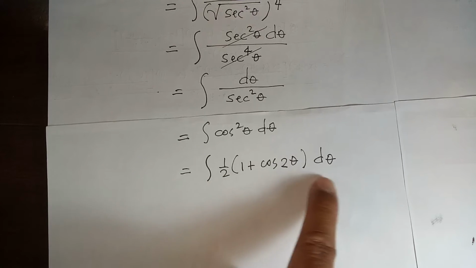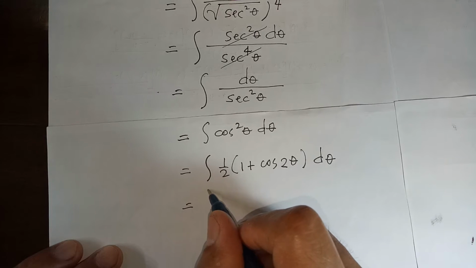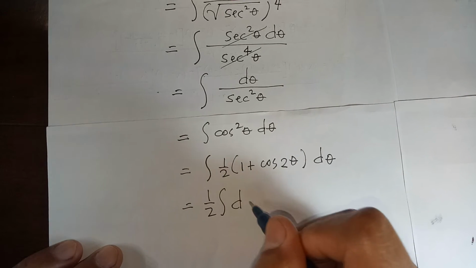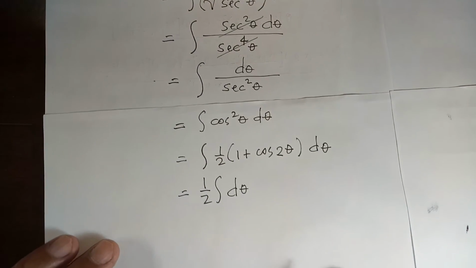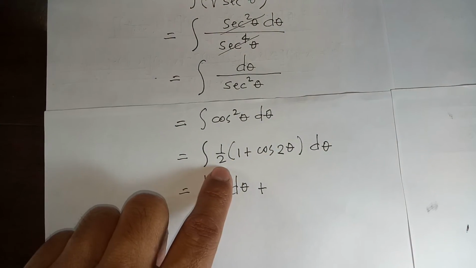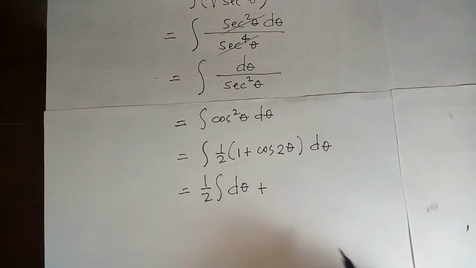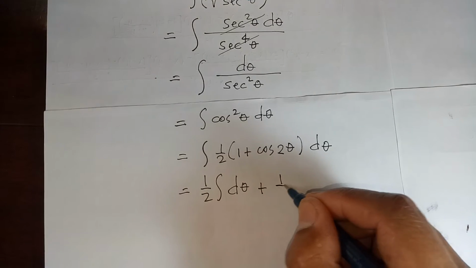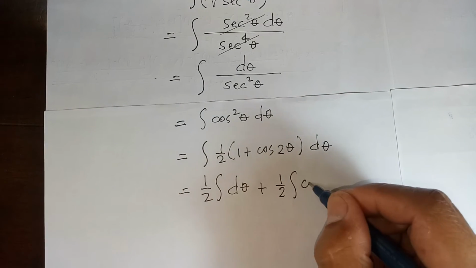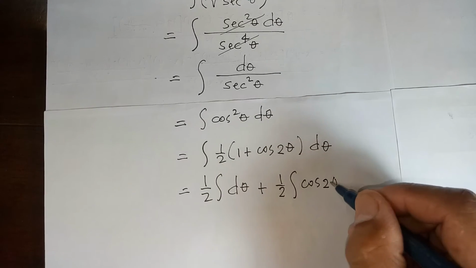So, 1/2 times 1 times d theta. Magkakaroon tayo ng 1/2 integral of d theta, and then plus 1/2 times cosine 2 theta d theta. So, we will have 1/2 integral of cosine 2 theta d theta.